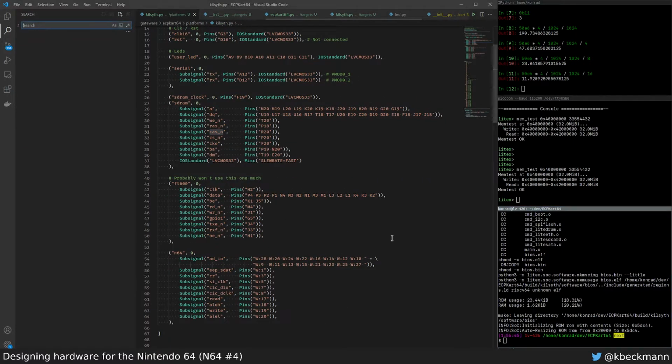So one sort of negative thing with the LiteX is that it's building a lot of stuff. So when we want to iterate on something smaller, it takes a little bit longer time because it takes like a full minute to build, including the CPU.